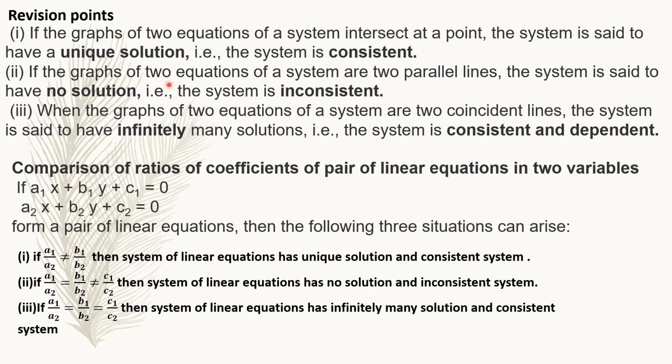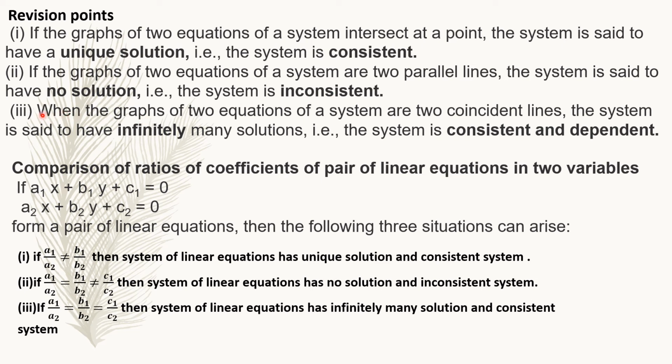For a pair of linear equations we have two straight lines, and when these straight lines are parallel to each other, we say that the given system of linear equations has no solution, meaning the solution doesn't exist, and in that case the given system is inconsistent.